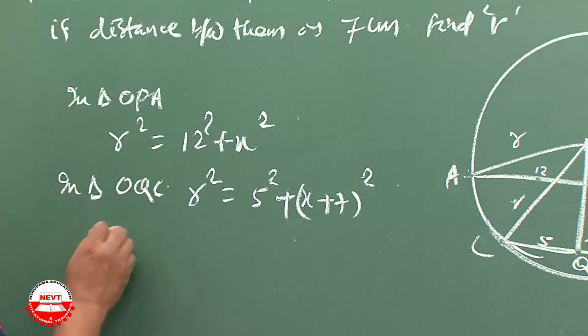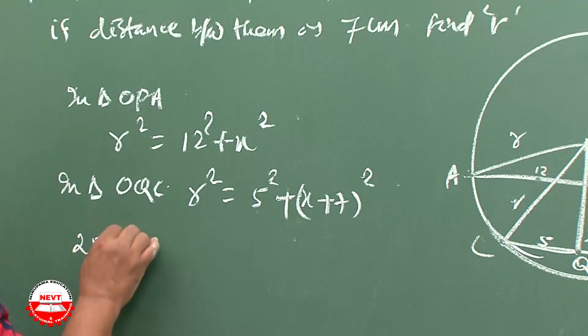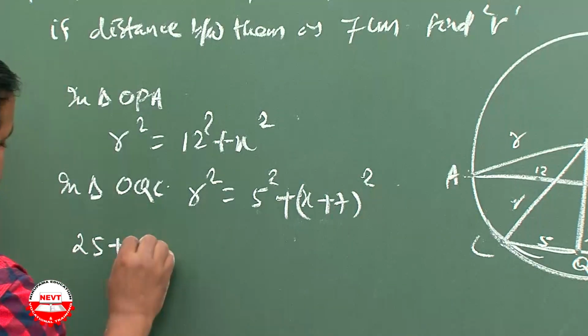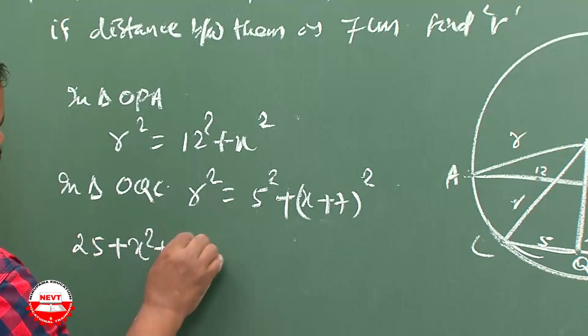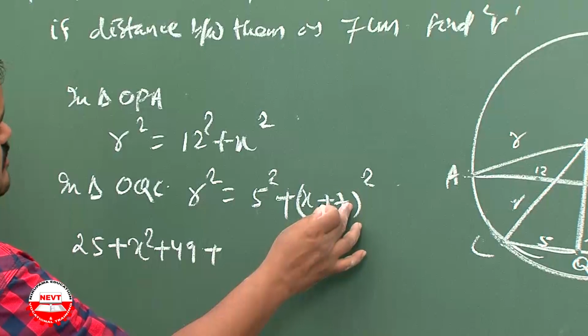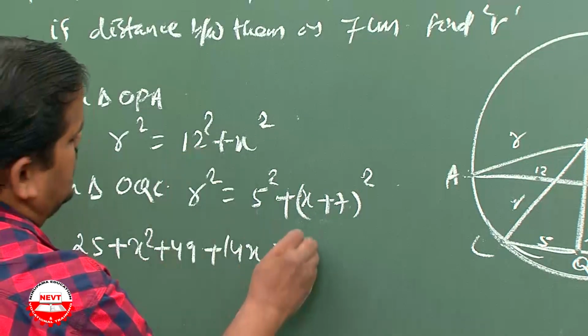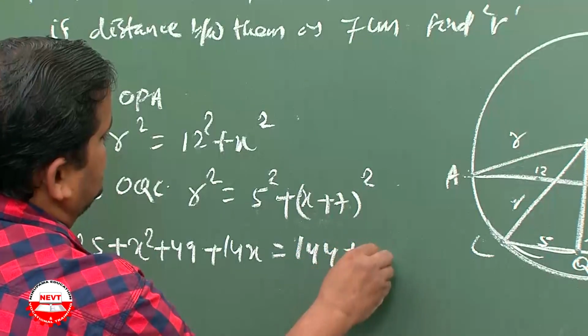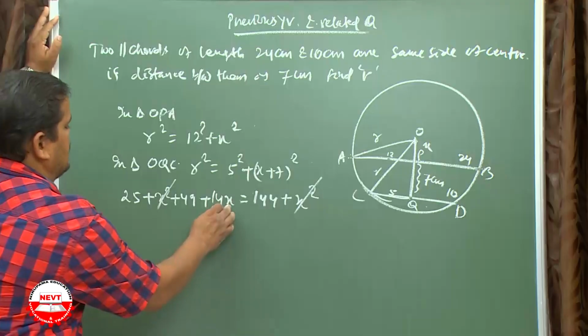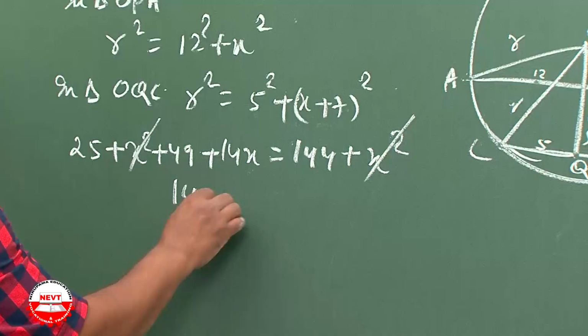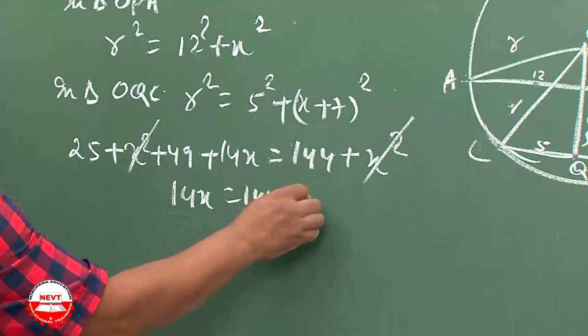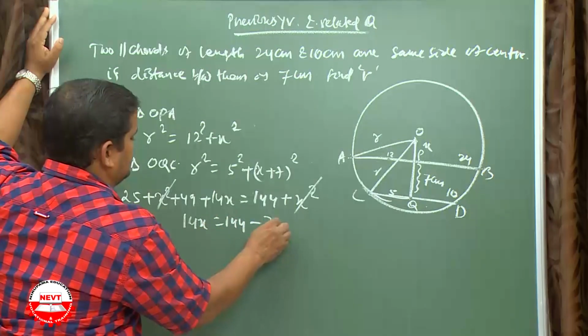That means 5 squared, which is 25, plus (x plus 7) whole squared, which is x squared plus 49 plus 2 times 7, that is 14x, is equal to 12 squared, which is 144, plus x squared. So now 14x is equal to 144 minus 74.